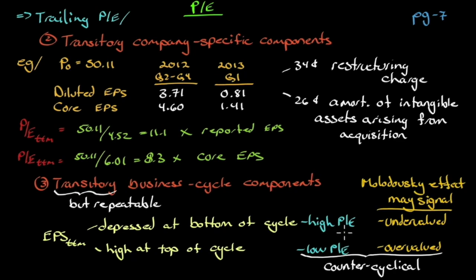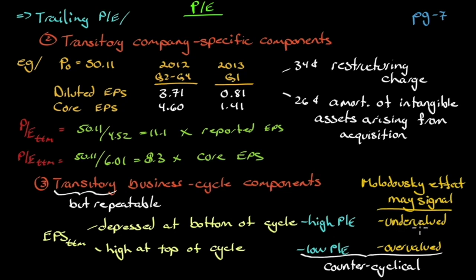Well, when we have a high PE, we would normally assume the company is overvalued, and when we have a low PE, we would say that it is undervalued. However, because the trailing 12 months earnings per share here were at the bottom of the cycle, this high PE actually signifies that the company is undervalued.